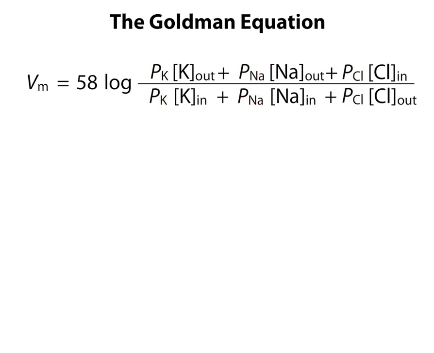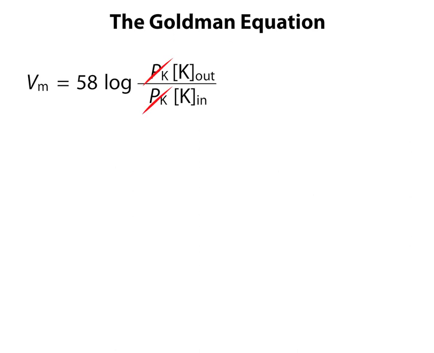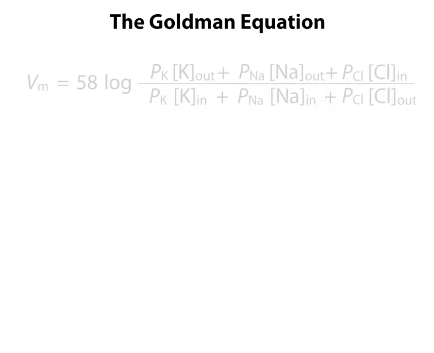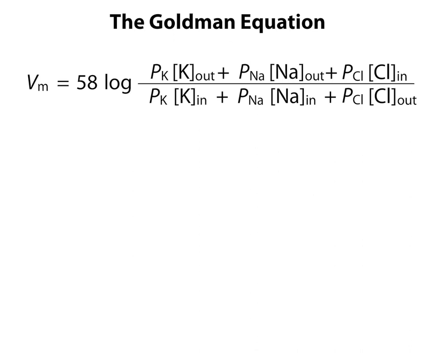If the membrane is permeable only to potassium, then pNa and pCl are both zero, and the Goldman equation collapses down to the Nernst equation for potassium. To account for the small but significant movement of sodium and chloride ions across the membrane, it's useful to reformulate the Goldman equation in terms of permeability of each ion relative to that of potassium, since potassium is the most permeant ion.